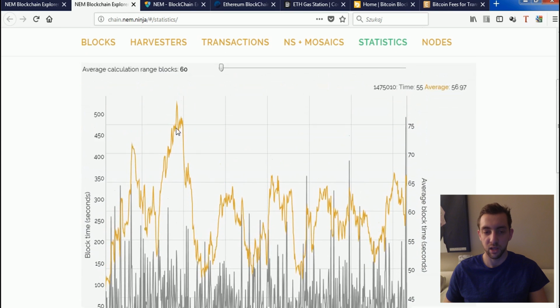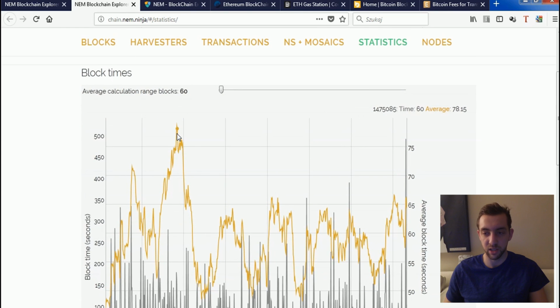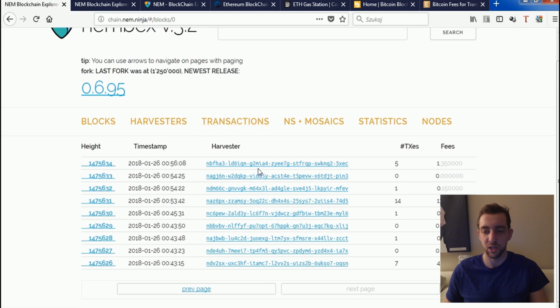It varies from, let's say, even 78 seconds, up to, let's go to some fast block, I don't know, 50 seconds. There are some blocks like 10 seconds even. So that's pretty common, because it's all regarding the difficulty of the block, and it's pretty random when the block will be mined.